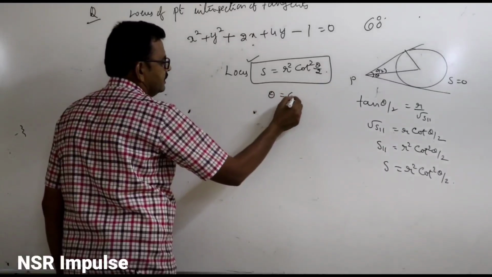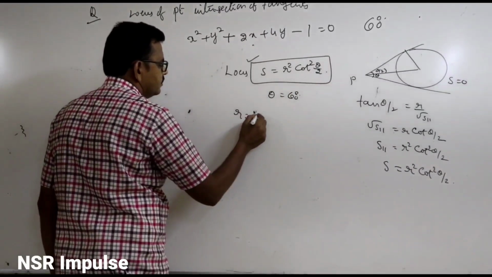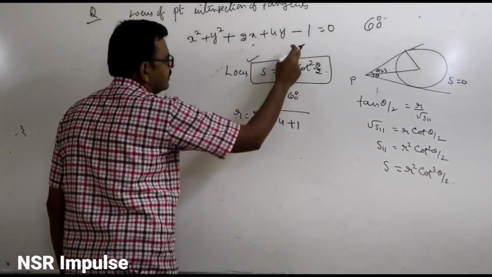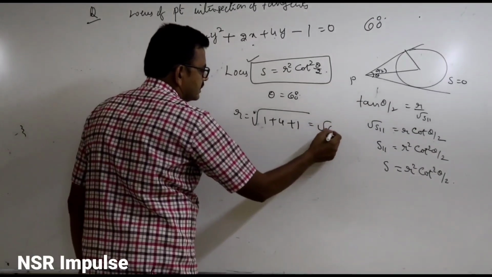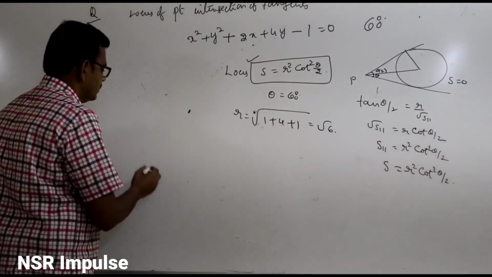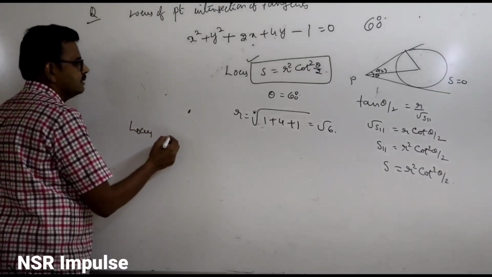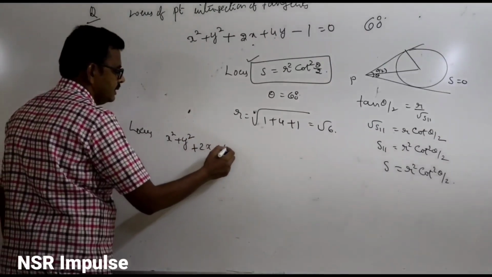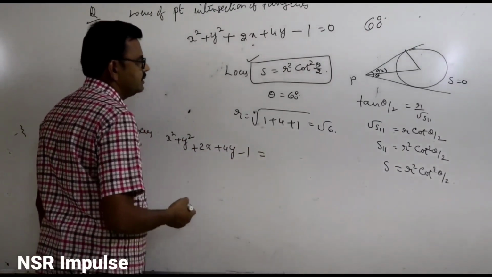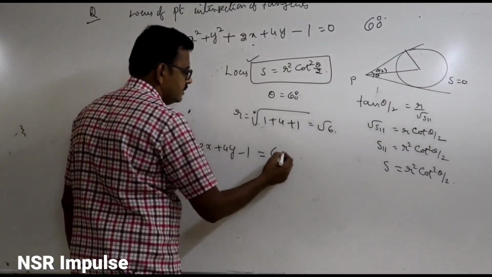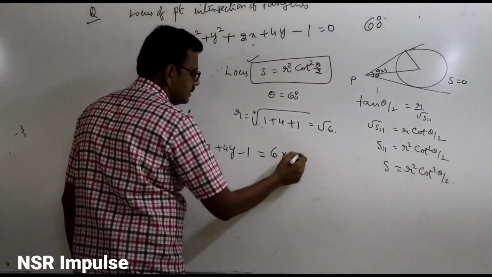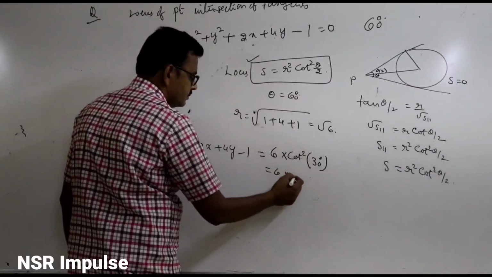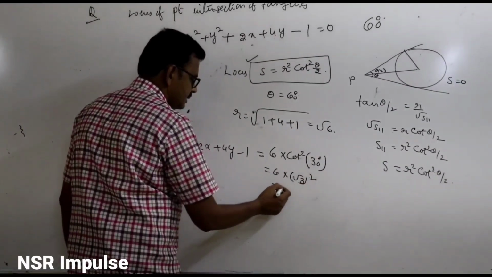Here theta is equal to 60 degrees and r equal to root of g square plus f square minus c, that is equal to root 6. Therefore, the locus is x square plus y square plus 2x plus 4y minus 1 is equal to r square, 6 into cot square 30 degrees, that is 6 into root 3 whole square, that is 18.